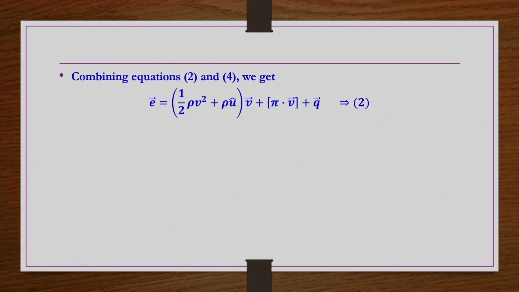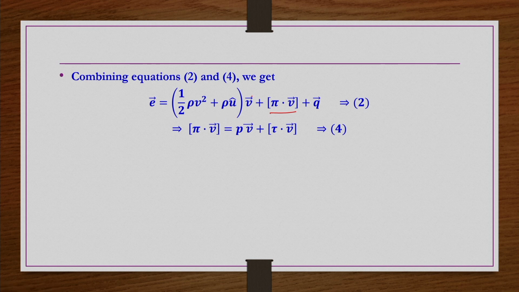So when you do this, in equation number 2, in place of pi v, if you write pv plus tau v, then these 2 terms are there. What we are going to do is some kind of rearrangement.